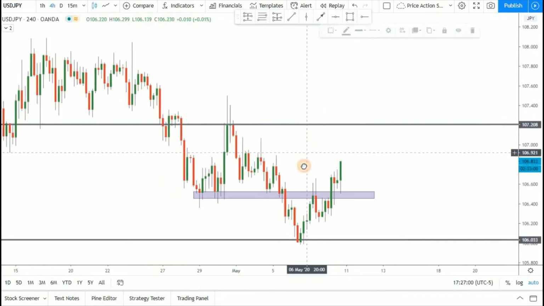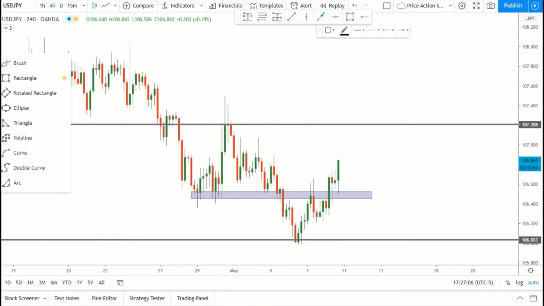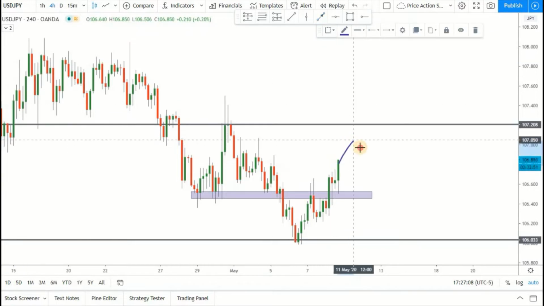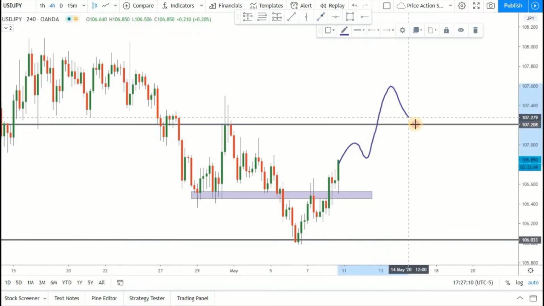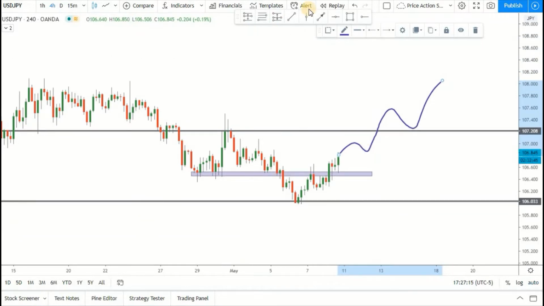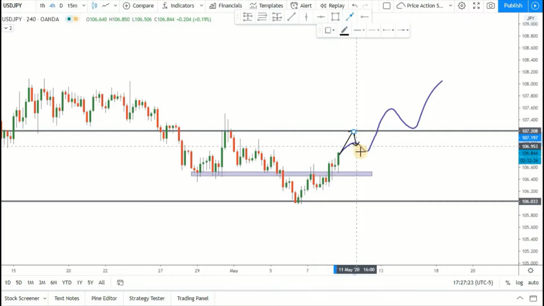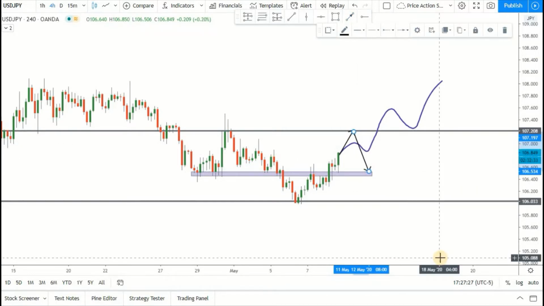What we could see coming this week is price make higher highs, retest, and continue upwards. Keep in mind though that if price gives us an opportunity to sell right here, we could sell right at 107 back to this level right here of 106.